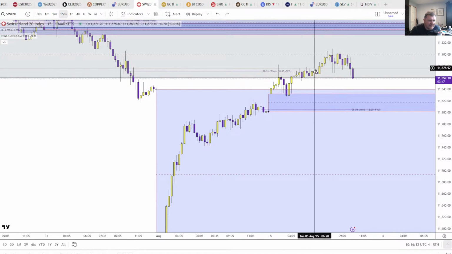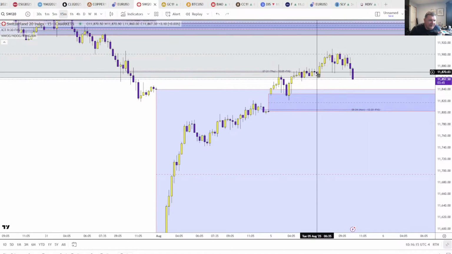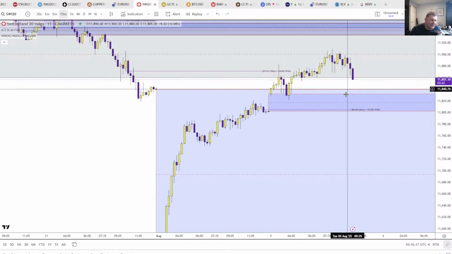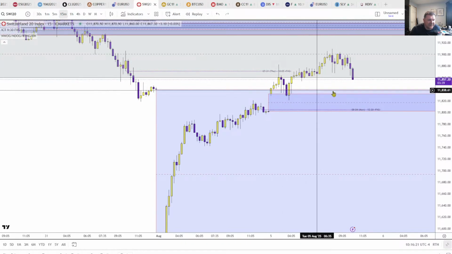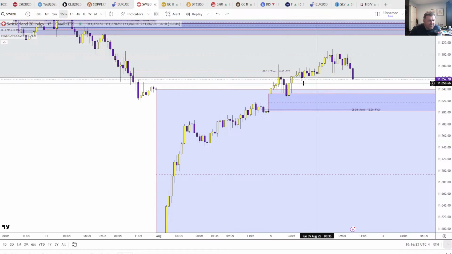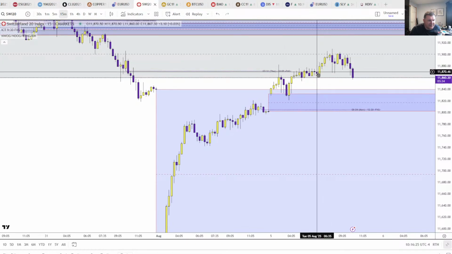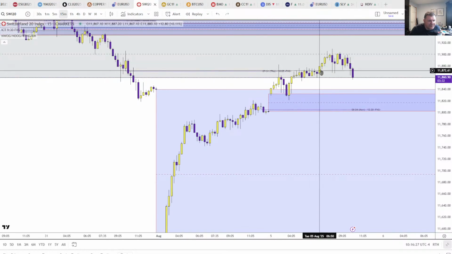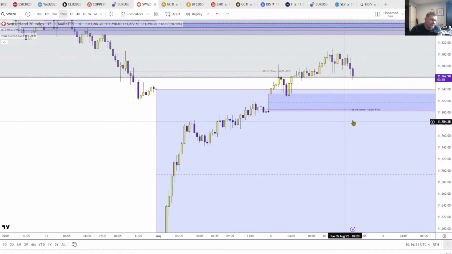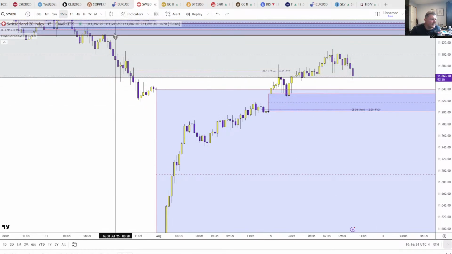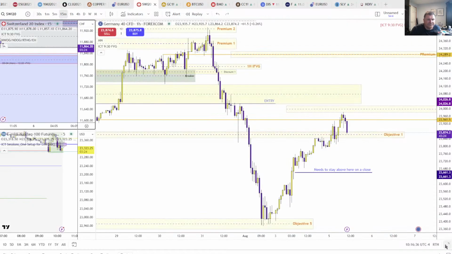So I'm looking for this to get taken out here on the downside and come back into this mean threshold, and then potentially lower than here. So using the principles I show you every morning, monitor that. I'd like to see this continue coming lower and use this box as support to reach into here and then wait for the reversal. That's what I'd be looking for there.